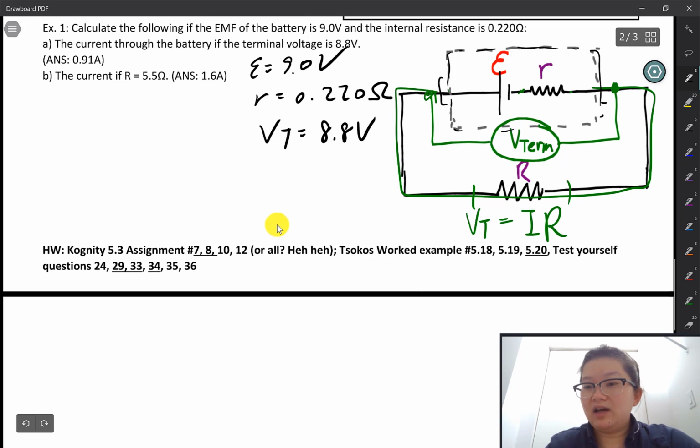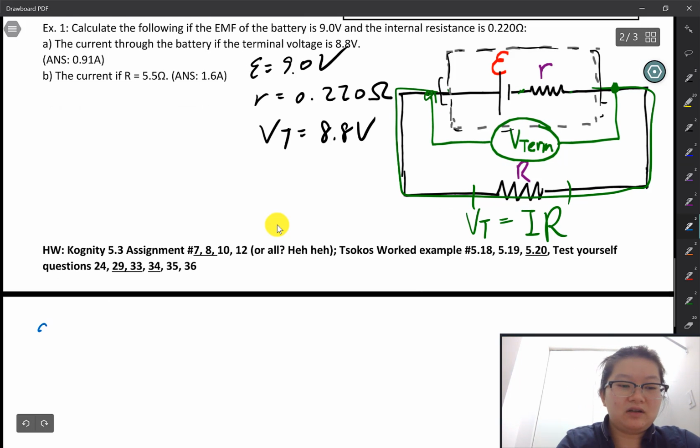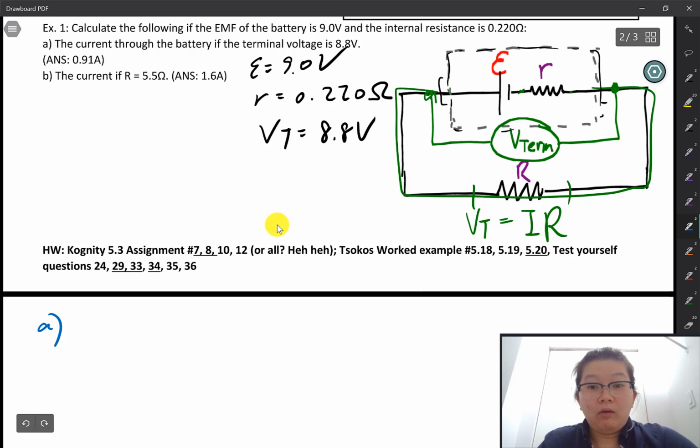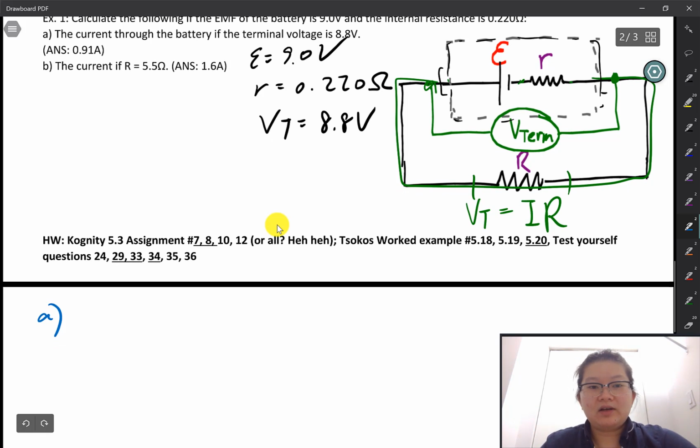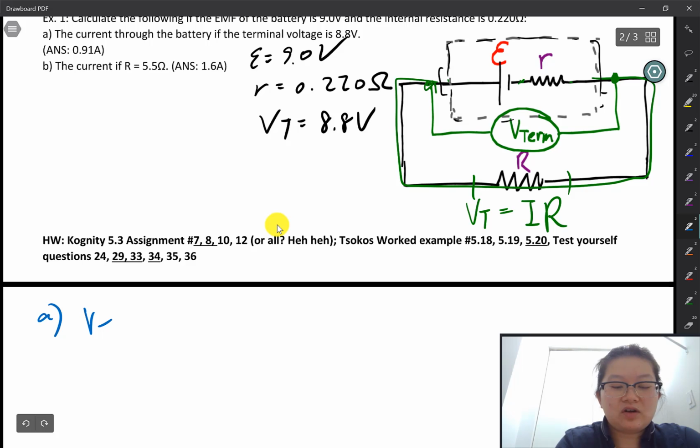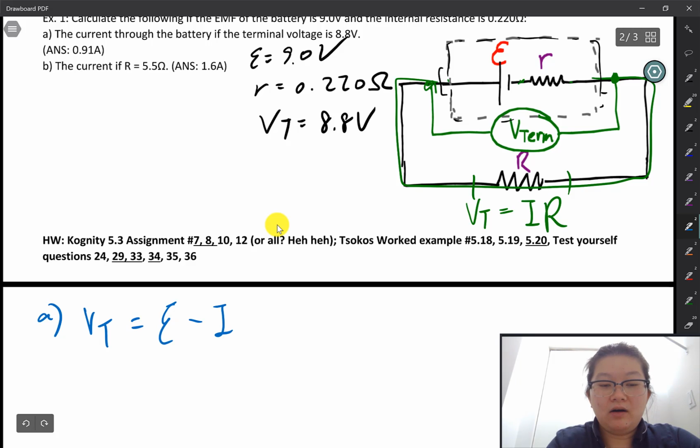Starting with A, which I'm going to do in this colored blue here. We want to find the current. So we use the terminal voltage equation, which is just epsilon, the EMF of the battery, minus Ir.